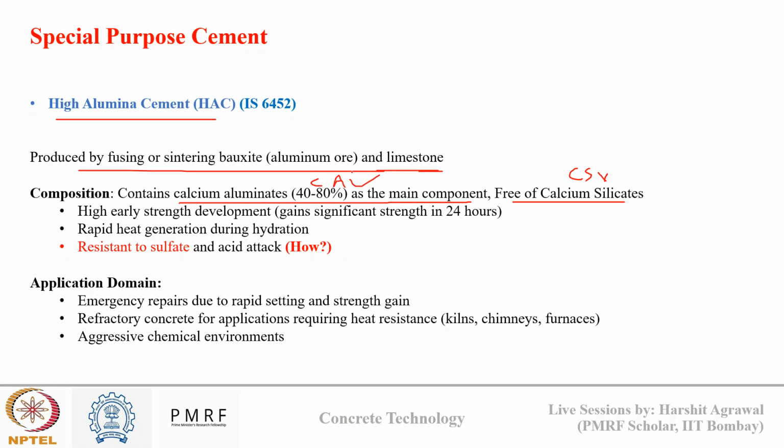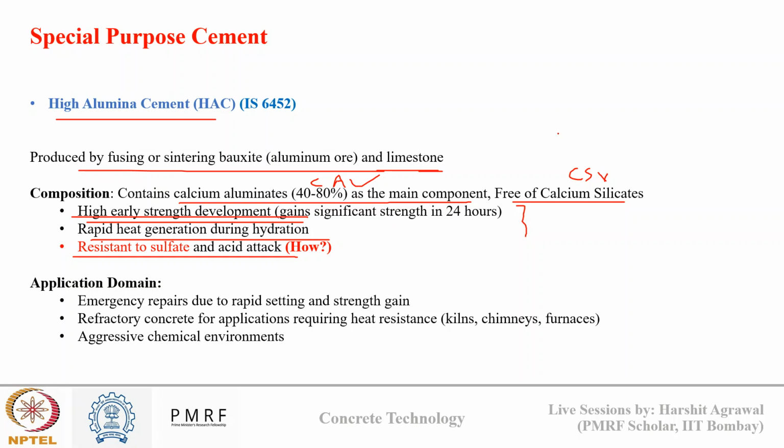Okay, so this cement has high early strength development. It has rapid heat generation during hydration, and it is still resistant to sulfate attack. Why? Why are these properties there? Because calcium aluminate reacts readily with water, and thus it shows very high strength development initially.